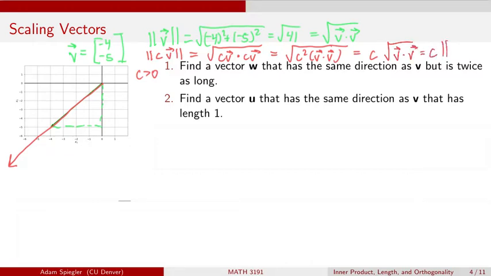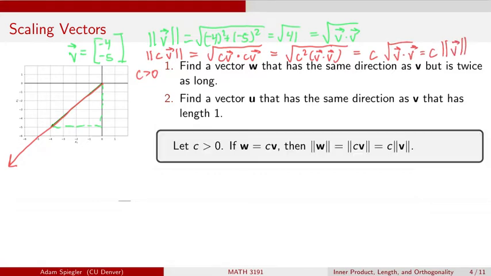So this is actually equal to c times the magnitude of the vector v. In other words, when we multiply a vector v by some positive scalar c, then the magnitude of that resulting vector w is going to equal c times the magnitude of v. So using this fact, we can now answer this first question.